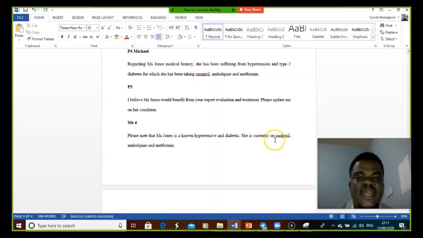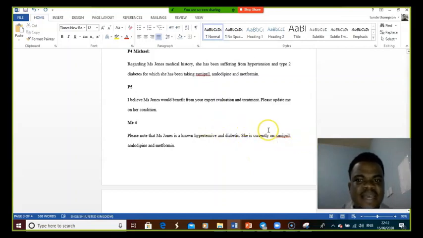In other words, if these drugs were written with brand names, for example, let's say something like Augmentin. You know the generic name of Augmentin is amoxicillin and clavulanic acid. That's the generic name, but the brand name is Augmentin.